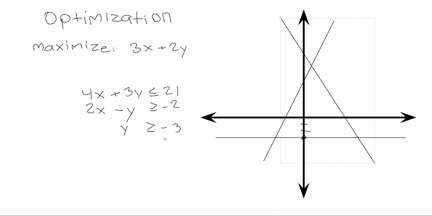So I've just graphed all three of our constraints, and we know how to decide which region to shade in an inequality like this one, or a system of inequalities. I already did this ahead of time. I already know that the region we want to shade is right here in the middle.